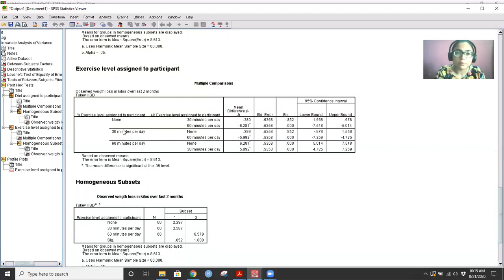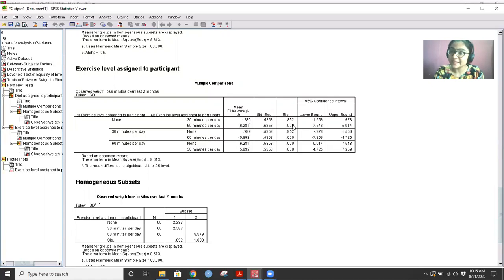Next, the mean difference in the weight loss observed after no exercise and a person exercising 60 minutes per day is 6.281 kgs. You see that? So indeed, you should be exercising 1 hour every day.